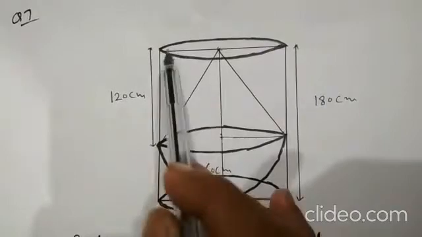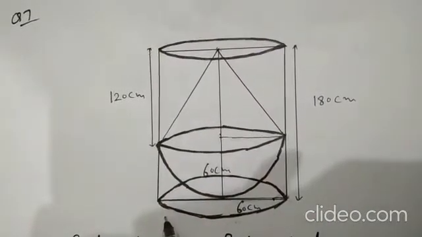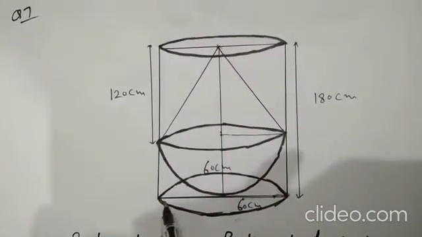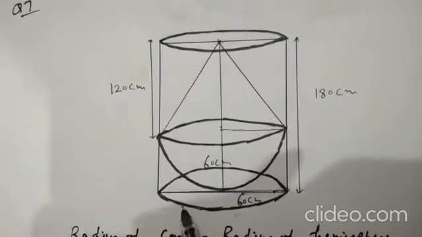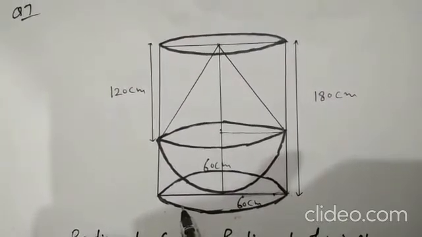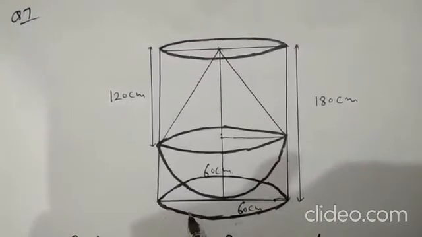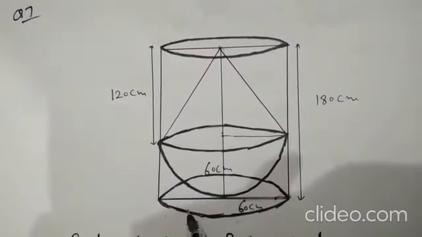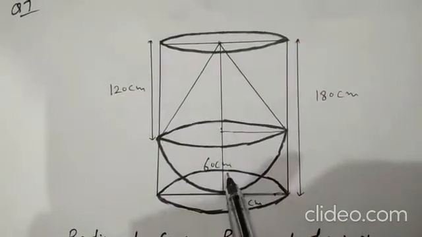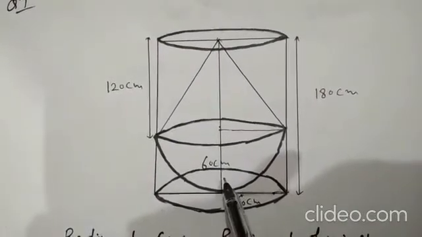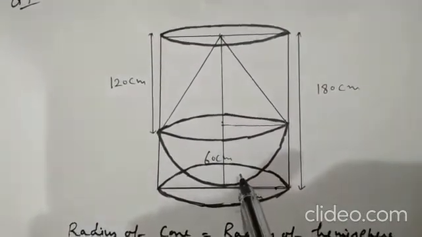It is placed upright in a cylindrical vessel full of water. Find the volume of water left in the cylinder if the radius of the cylinder is 60 and height is 180 centimeter. When the solid is put in the cylinder, how much volume of water is left in the cylinder?